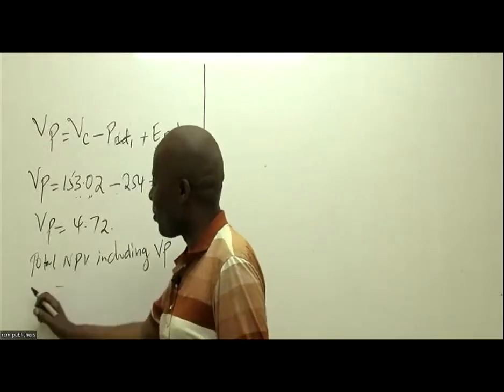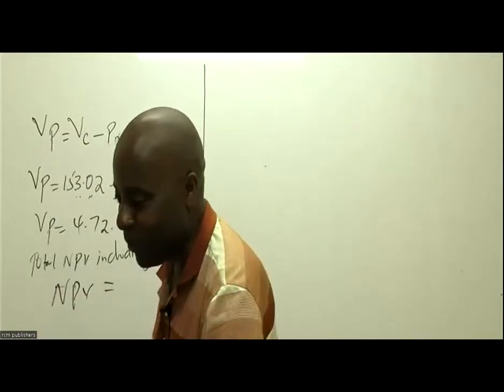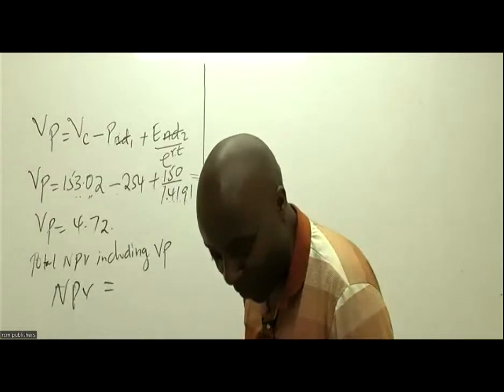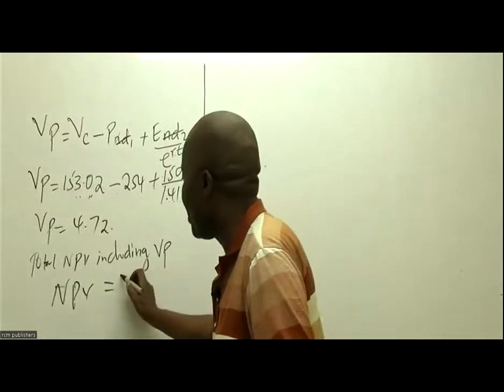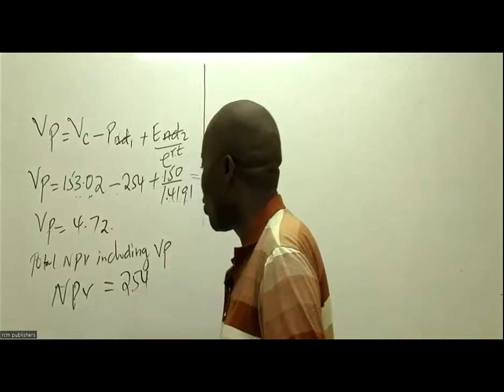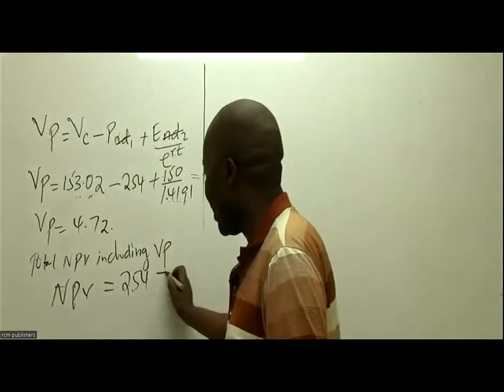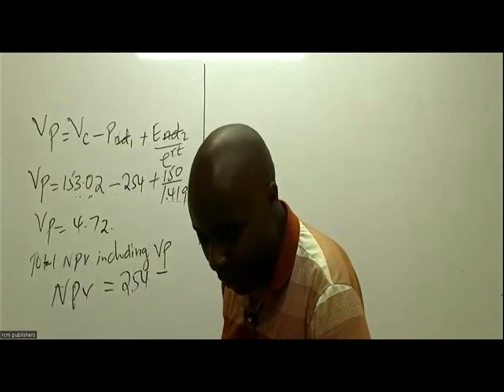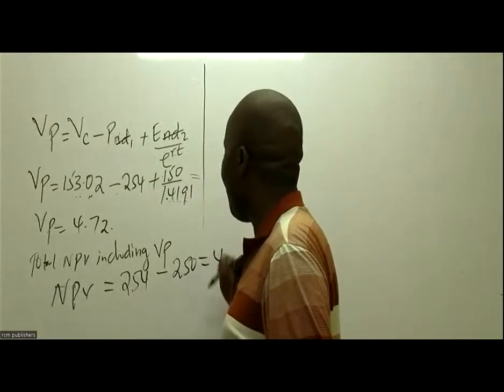So the NPV of the project, ladies and gentlemen. I remember this project has a cash inflow which has been discounted, a present value of 254, minus a cash outlay of 250. This gives me an NPV of 4.